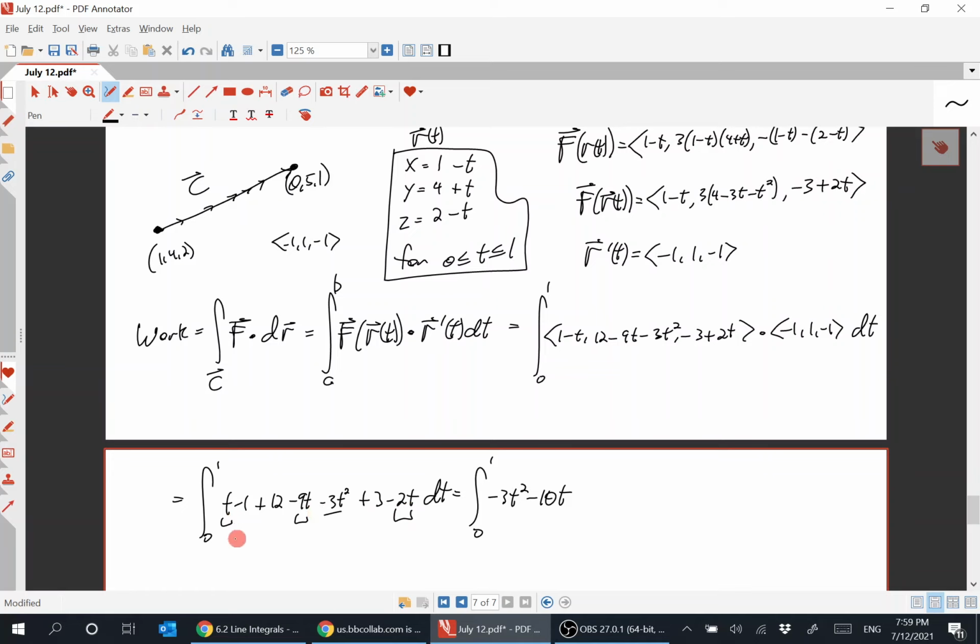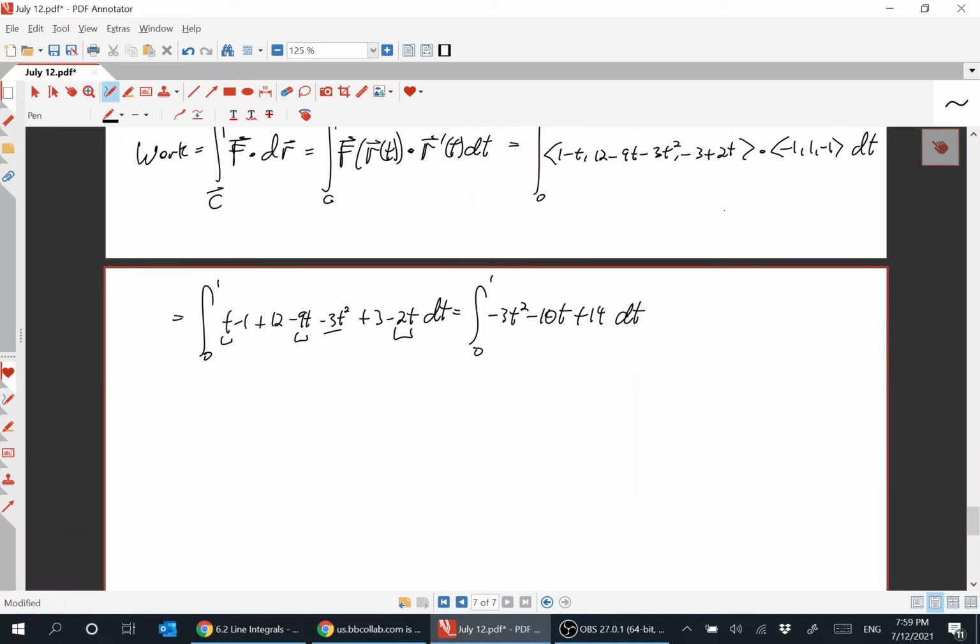Minus 11t plus t, it's minus 10t. And then I got minus 1 plus 12 plus 3, so plus 14 dt. So this is minus t to the third minus 5t squared plus 14t from 0 to 1. So it's minus 1 minus 5 plus 14. So 14 minus 6 is 8.